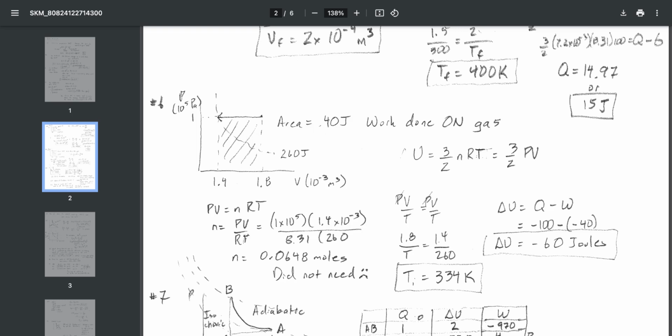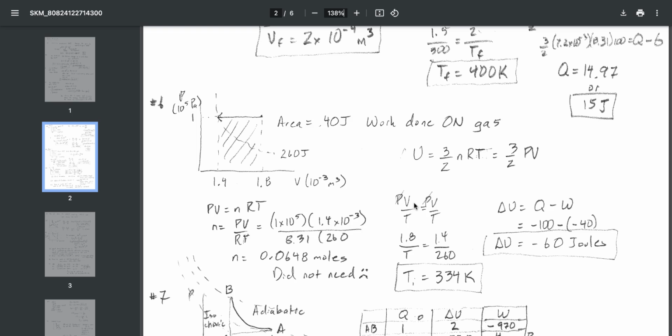The final temperature of the gas is 260. So what I did was I drew a little isotherm right here for my final point at 260. Calculate the initial temperature. So in this case, I went on the wrong track here. I actually calculated the number of moles, but I didn't actually need it because I can just do PV over T again because it's the same thing.